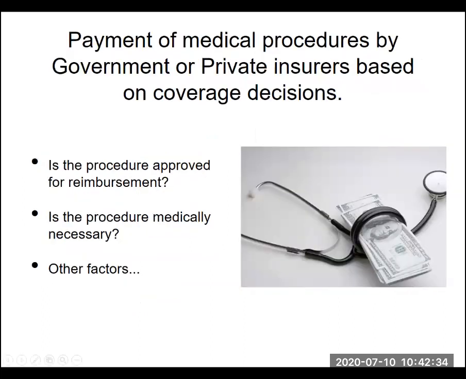Now, what we have in the United States is primarily a third-payer system. Some individuals may pay out of pocket, but the majority are going to have insurance that is either provided by the government, something like Medicare or Medicaid, or through private insurers.